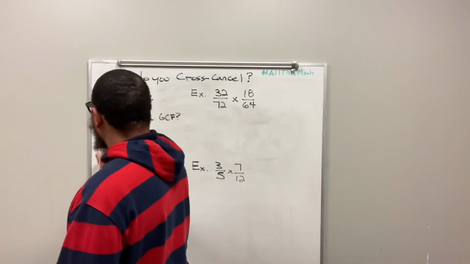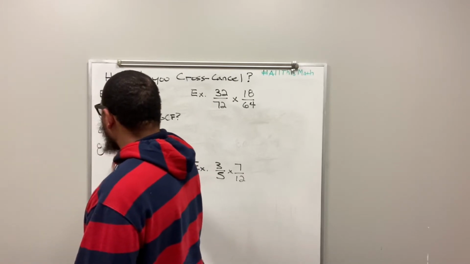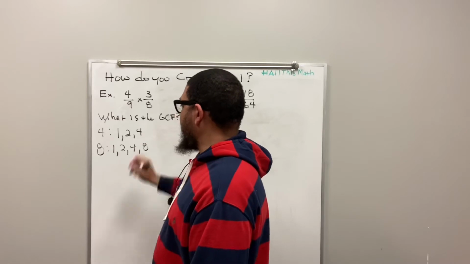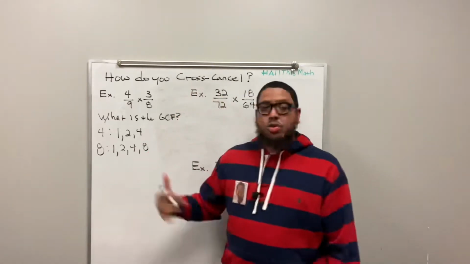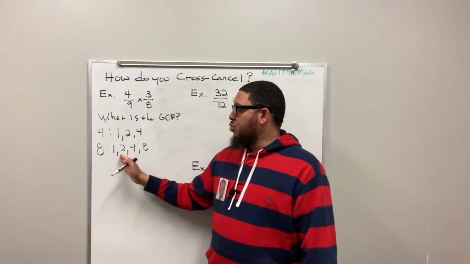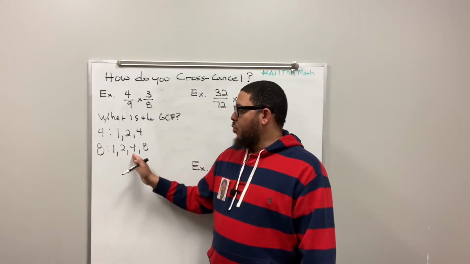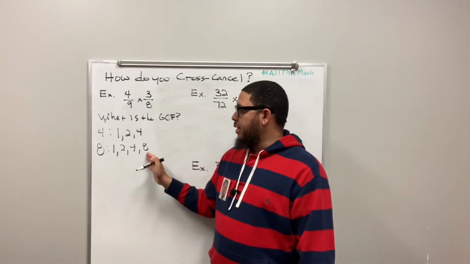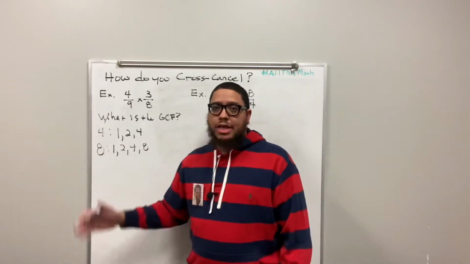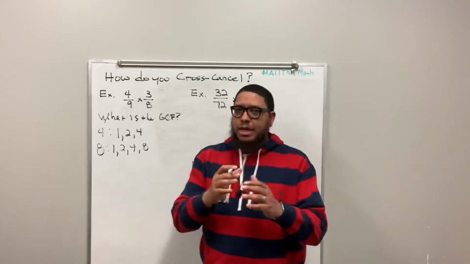I'm going to list out the factors of 8. There are 1, 2, 4, and 8. Now, why are those the factors? Because 1 times 8 is 8, 2 times 4 is 8, 4 times 2 is 8, and 8 times 1 is 8. So all 4 of these numbers multiply into 8 evenly. That's the key, evenly.